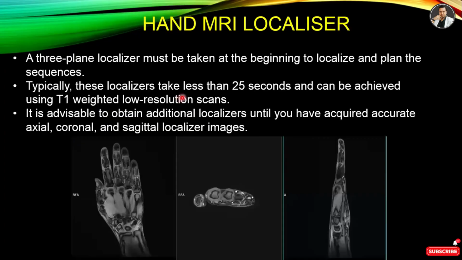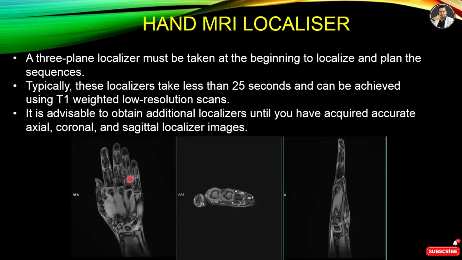If we scan like this, we will get these three localizers. Now, you can see that the first localizer does not have a good image. What do we do then? We do not repeat the localizer again, and we plan again on the hand. After planning, we get a good image.